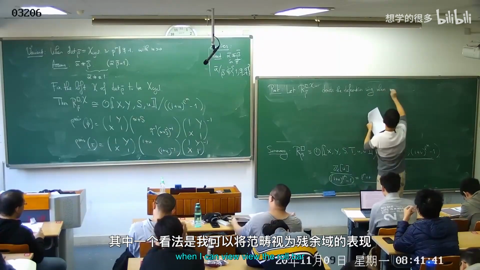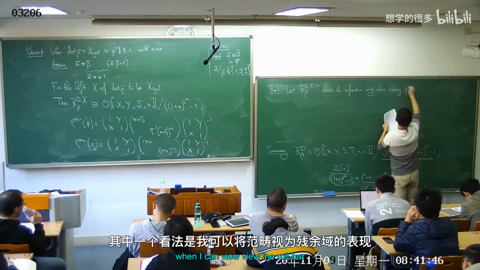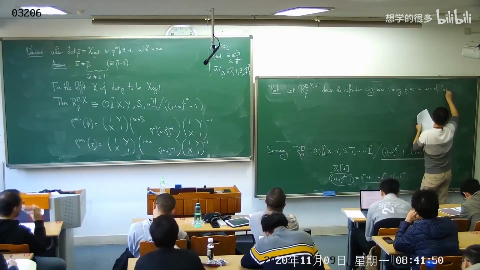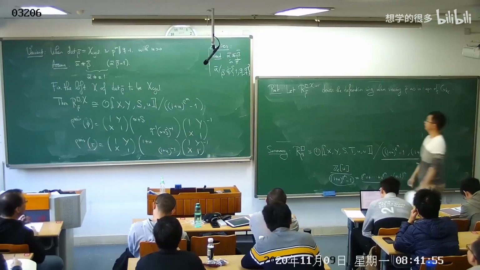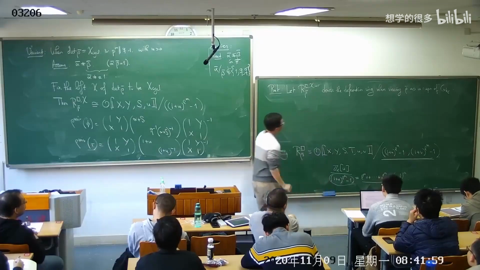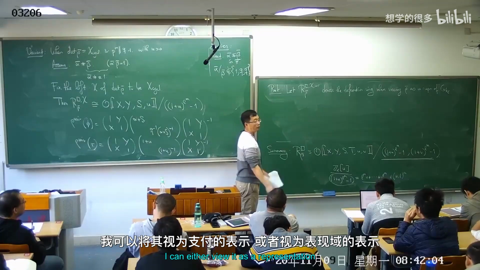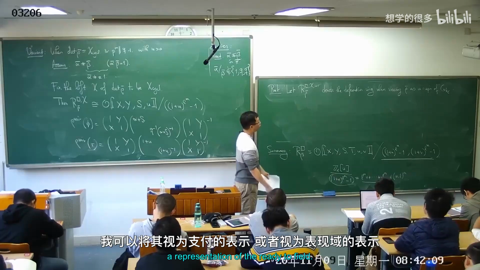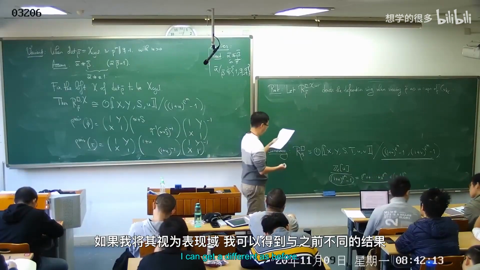One way to see this is when I can view the rho bar as a representation of the residue field. Okay, my rho bar is an unramified representation. I can either view it as a representation of the Galois group, or view it as a representation of the residual field. If I view it as a representation of the residual field, I can get a deformation ring as before.